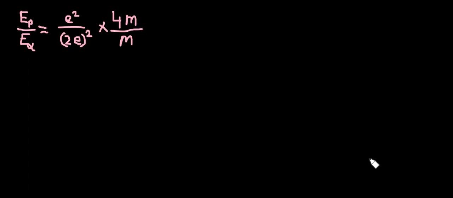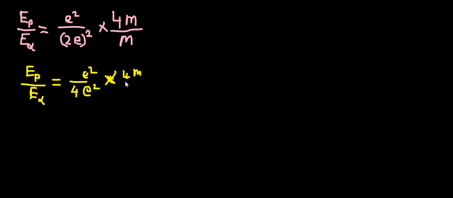So simplifying this equation, the energy of proton by the energy acquired by the alpha particles is equal to e square by 4e square, multiplied by 4m by m.